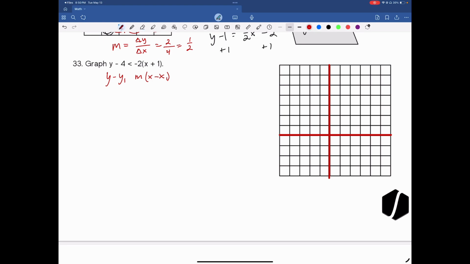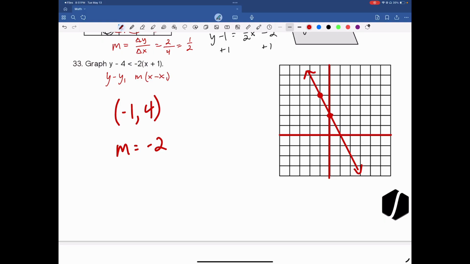It says +1. So we would have -1 and then 4 would be our point, and our slope is going to be -2. So -1, 1, 2, 3, 4. We have a point. Then we're going to go down 2, right 1, and we'd have another point there. And so our line would look something like this.